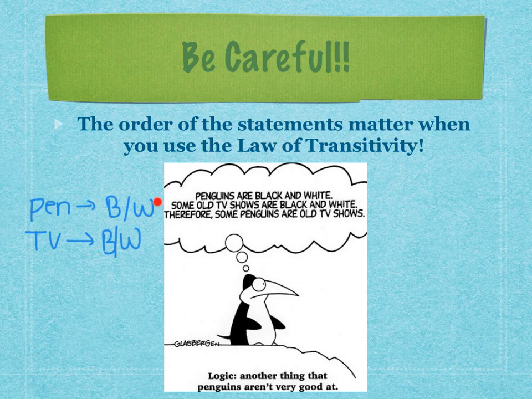It's not like I'm picking up from this conclusion and making a new statement, okay? I can't go from here to here and then go back this way because then I'm going against this arrow, okay? I can't go this way against that arrow. That's not allowed. So be careful with your law of transitivity and what conclusions you're making.